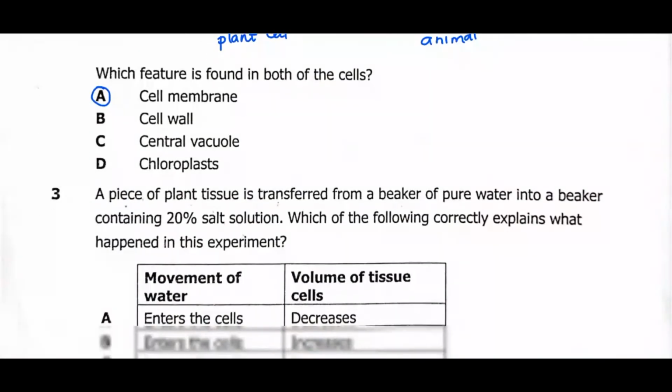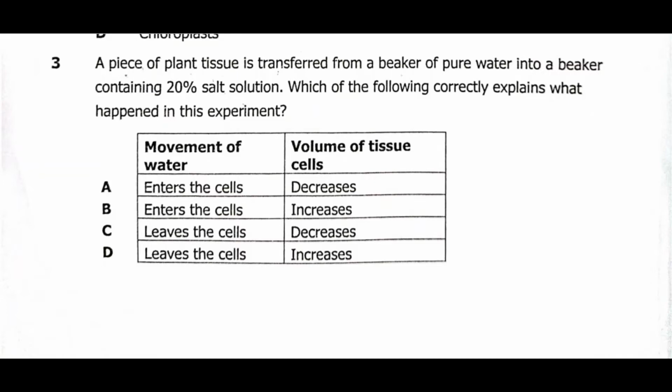Okay, so now we can move on to question 3. A piece of plant tissue is transferred from a beaker of pure water into a beaker containing 20% salt solution. Which of the following correctly explains what happened in this experiment? So let's see if we can have an illustration. When this tissue was in pure water, we can see that it gained a lot of water.